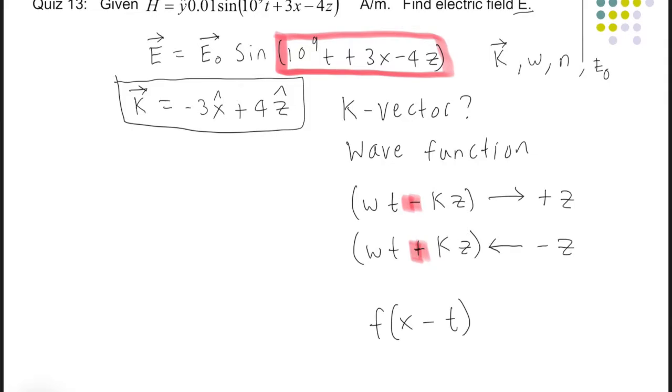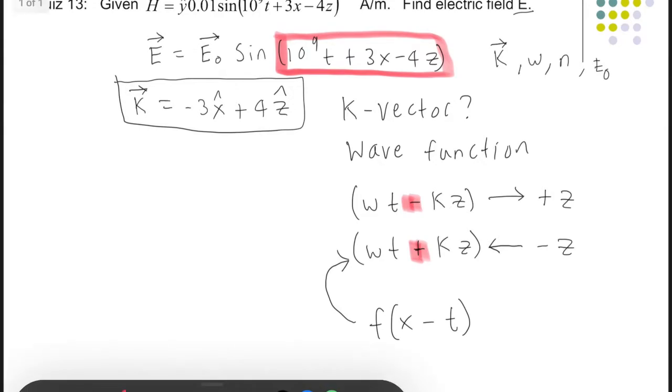To plot f of x minus t is simply by shifting the value in that direction by t. That same phenomenon gets applied to our wave functions. And that's why when we write the k vector, we use the opposite of the sign as observed here.